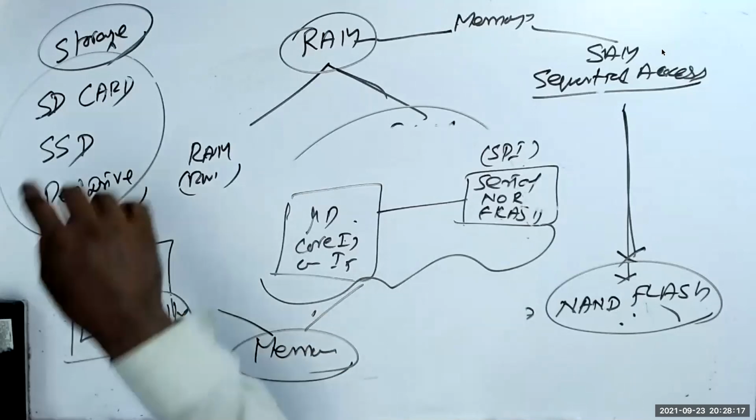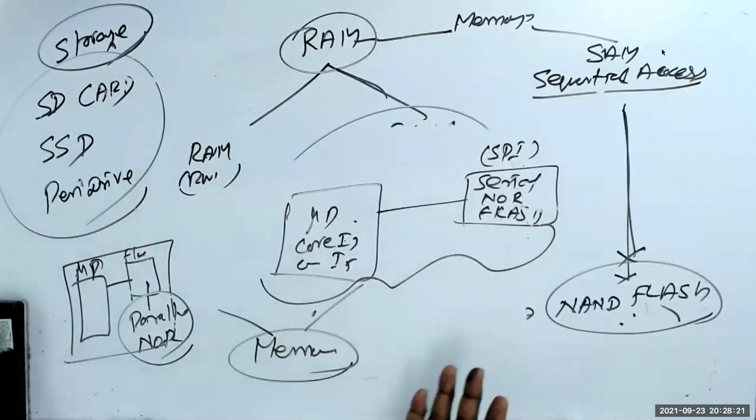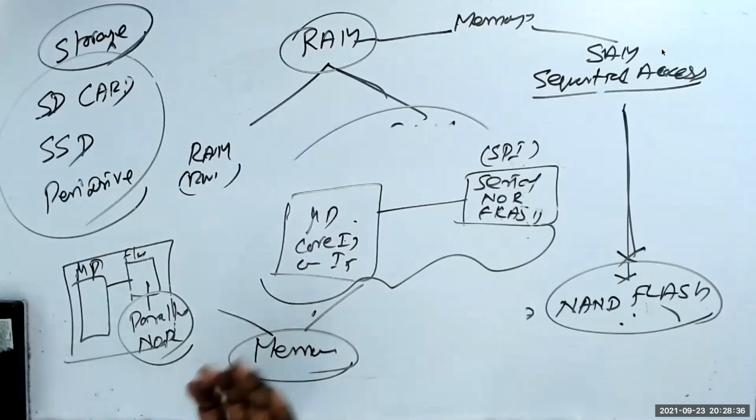And whatever I'm telling you now, if you talk to your interviewer about all these things, you win the game. They want you to know all these things. Today, interviewers may ask you, because competition is high and they want to choose the right person, what is the difference between NOR flash and NAND flash?